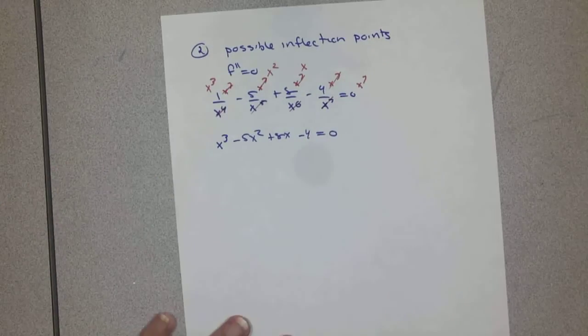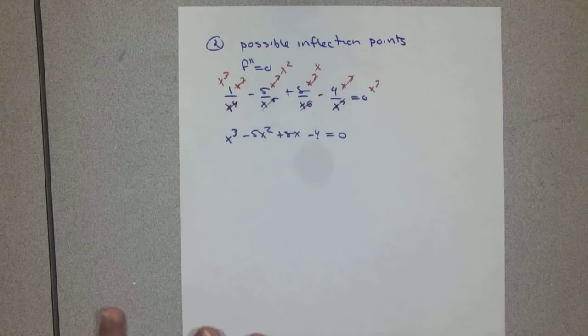Now here's something I would never do to you on a test or quiz. If I gave you four terms like this that needed to be factored, it would factor by grouping. This one does not factor by grouping. If you remember all your high school algebra, there are other ways to factor things like this, but we're not going to go into that, because I would not do that to you on a test or quiz.